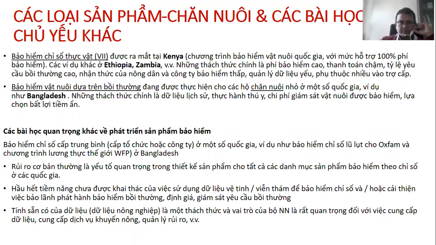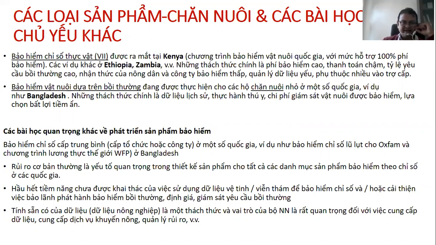So that's been one of the challenges with this type of product. Also, the relatively high claims ratios has been a challenge. Low awareness among farmers and also among insurers, challenges with data management, and also high dependency on premium subsidy has also been a challenge.